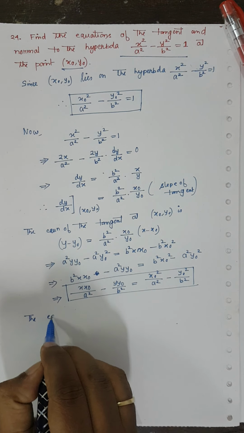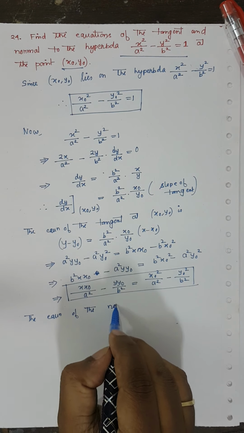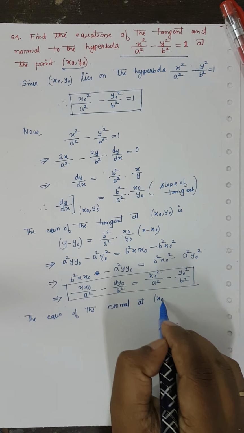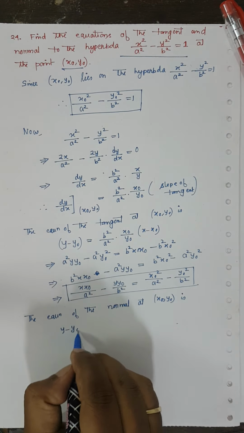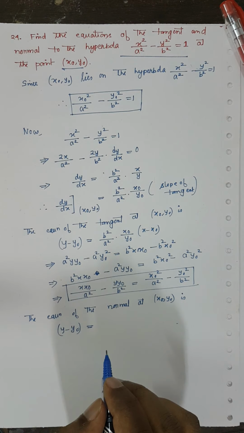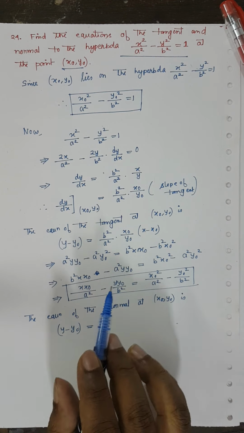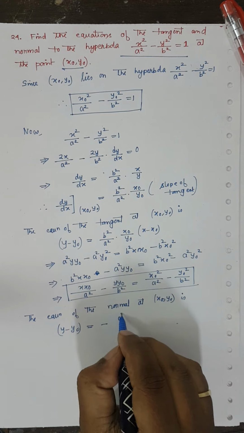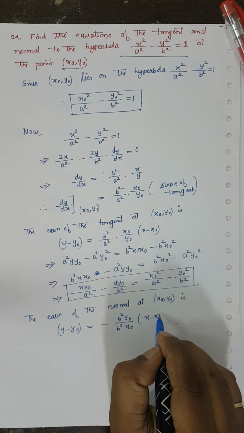Similarly, the equation of the normal at x naught comma y naught is y minus y naught. We know that for the normal the slope will be the minus of the reciprocal of the tangent slope, so it is minus of a square y naught by b square x naught into x minus x naught.